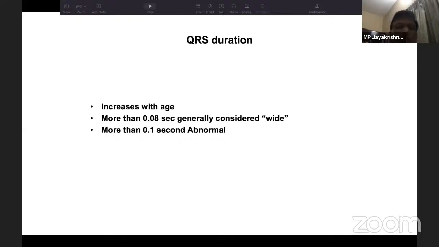But it is very difficult to measure 0.09 seconds in an ECG with your eyes alone. You need a computer-generated report for that. So generally, for practical purposes, if a QRS complex width is more than 2 divisions, you consider it to be wide. Definitely abnormal if it is more than 0.1 second.